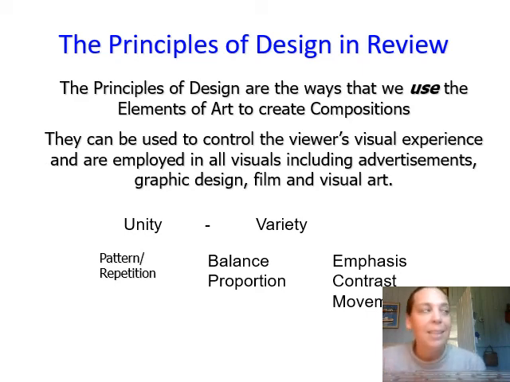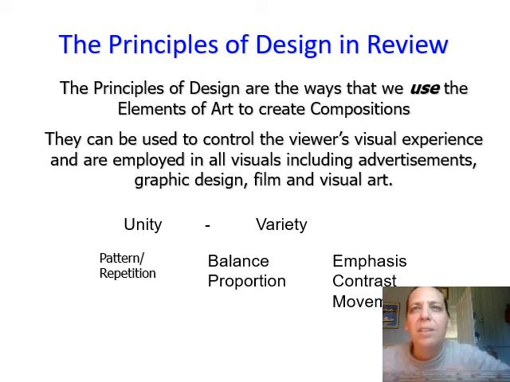So that is, in a really quick nutshell, our vocabulary of the principles of design. And here, of course, they are reviewed. They have subcategories. I talked about the relationships, but pattern and repetition tend to unify a work. Balance and proportion can go either way. They can be unifying or they can add variety, depending on how you use them.